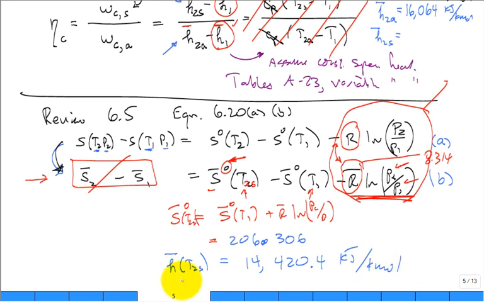If you wanted to, you could also get T2s. It's that same fraction of interpolation in our table, and that temperature comes in at 494.6 Kelvin. So right at 495 Kelvin.